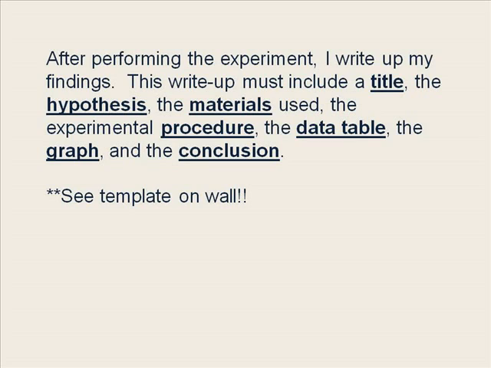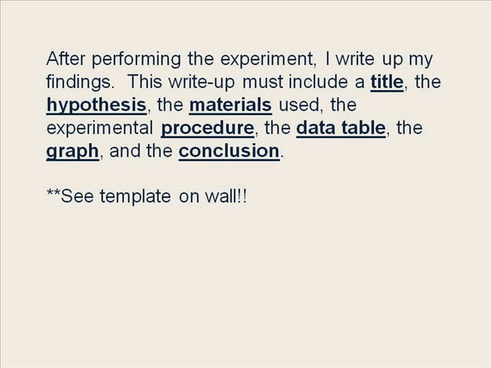Once we have finished the experiment, you are going to need to write up a formal lab report. In the classroom, there is a yellow poster on the cabinet. This is the template for what your lab report must include. The write-up must have a title in the proper format. We will talk about that shortly. The hypothesis, which was the prediction you originally came up with.